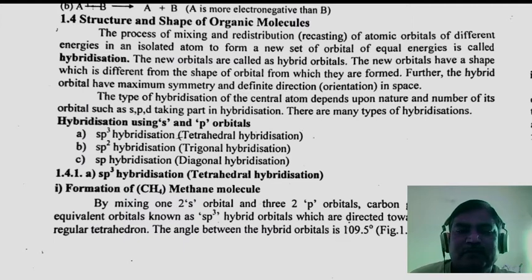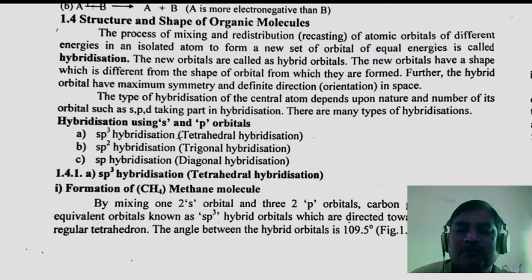Whenever we have to define the process of hybridization, it is the mixing and redistribution of atomic orbitals of different energies in an isolated atomic form so as to develop a set of new orbitals with equal energies.